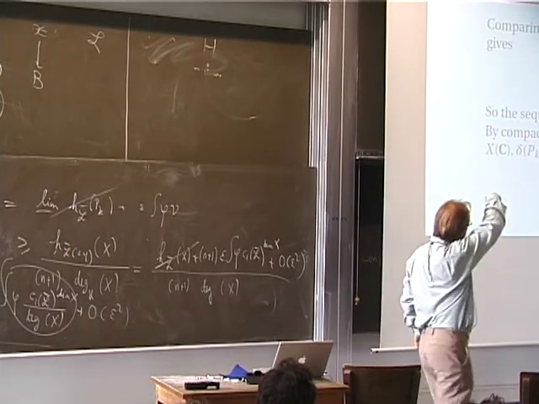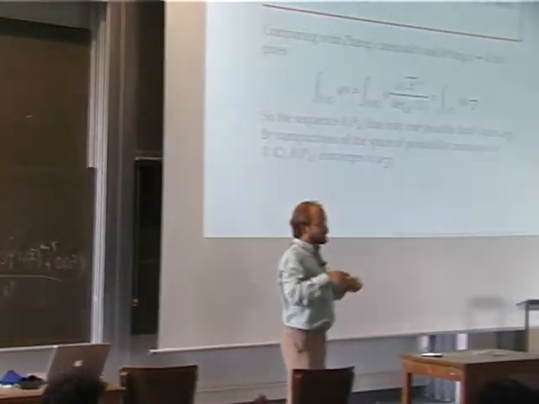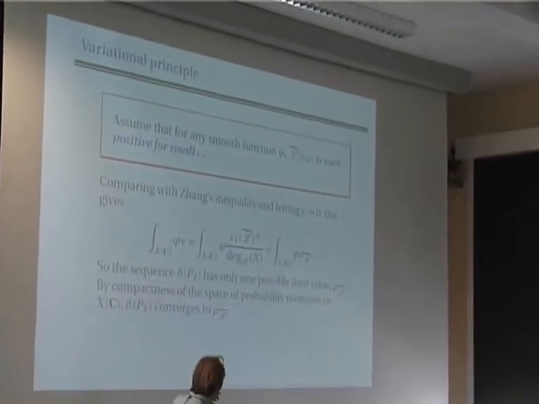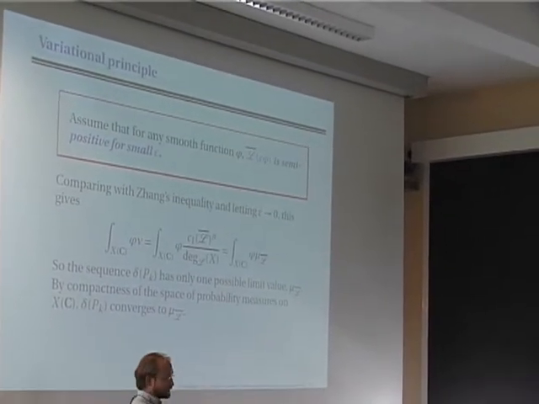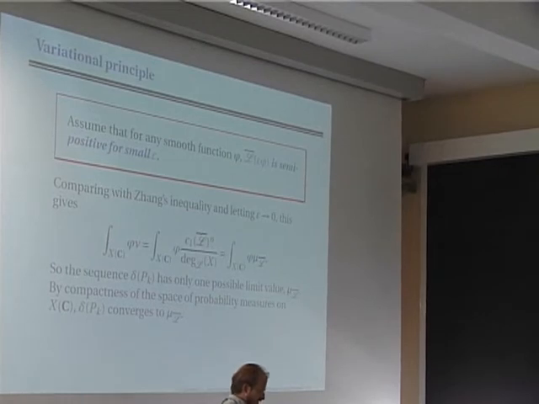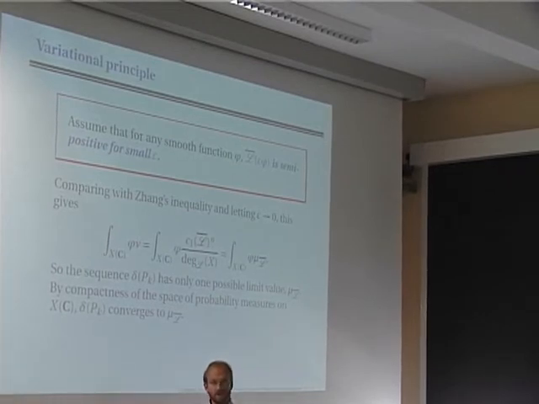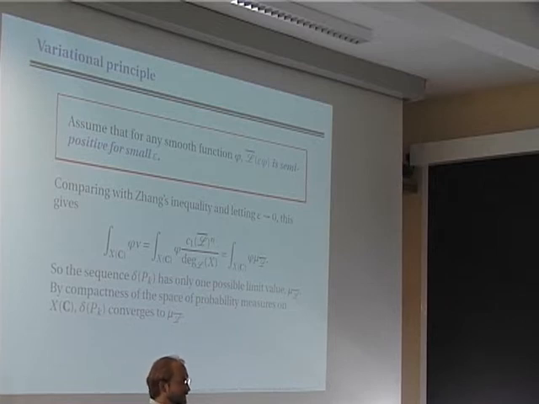So by compactness of the space of probability measures, there is only one limit value. So this sequence of measures, delta of pk, has only one possible limit value. And by compactness of the space of measures on a compact metrizable space, this implies that the sequence delta of pk converges to this limit value.